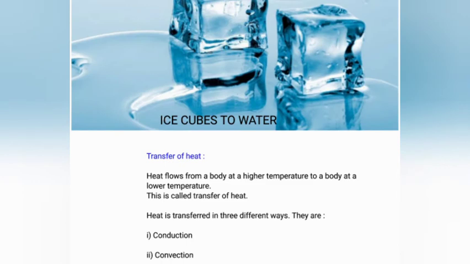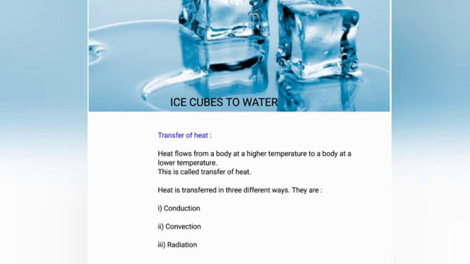Now, when we place an ice cube at room temperature, what happens? The ice cube is converted into water. So how does this happen? Basically, the temperature of the ice cube changes, or in other words, heat flows, which converts the state from the solid form of the ice cube to the liquid form of water.